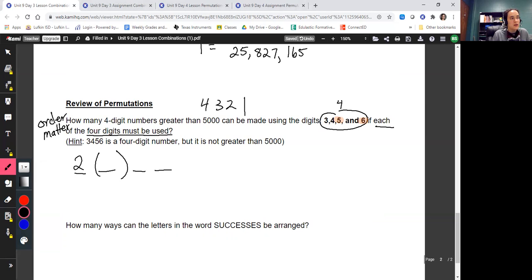After we've chosen one of those numbers, we have 3 options left, then 2 options left, and then 1 option left. So 2 times 3 is 6, times 2 is 12, times 1 is 12. So we have 12 possible 4-digit numbers.